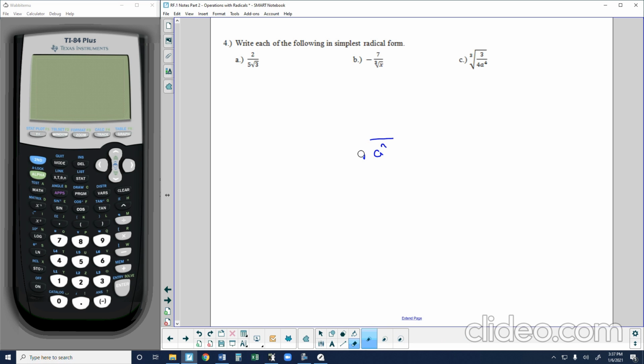Essentially, the square root means we have a power of 2 for that radical expression. So I need my 3 here to have a power of 2 as well. So I can multiply root 3 by something to give it a power of 2, which would be root 3.